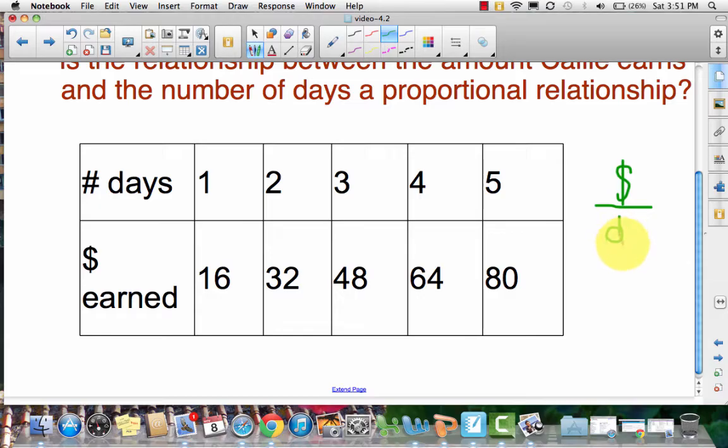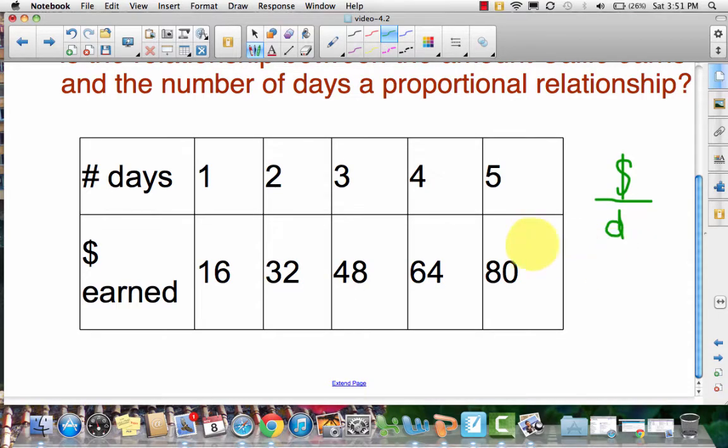So based on that, I'm going to set up a unit rate for each entry in my table. She earns $16 in one day, so 16 over 1. She earns $32 in 2 days, so 32 is the numerator and 2 is the denominator.